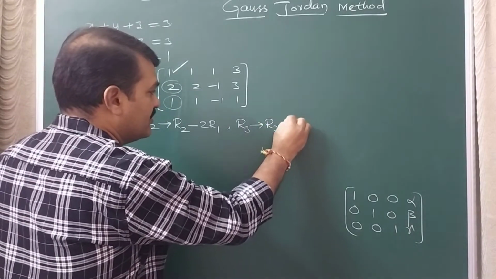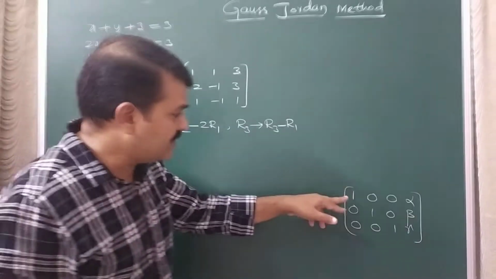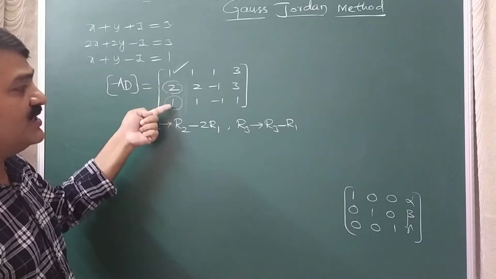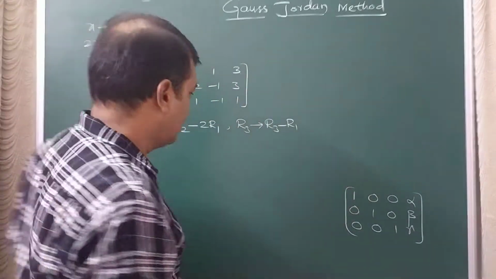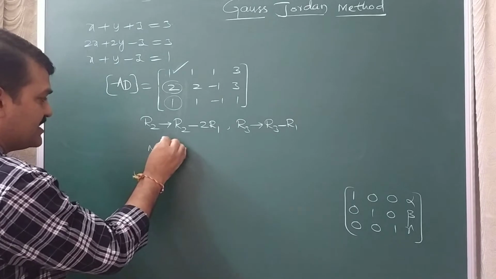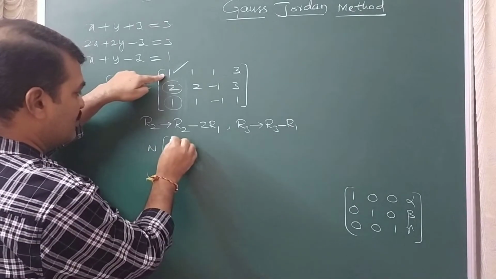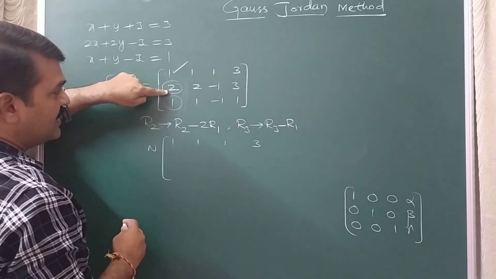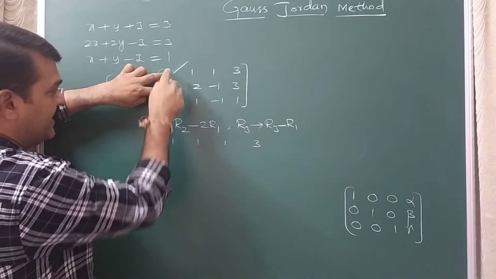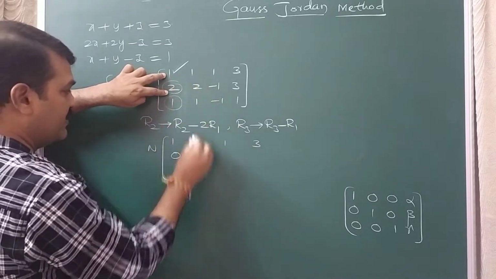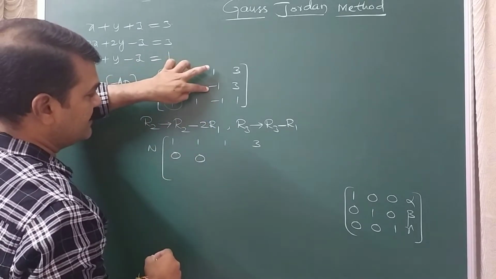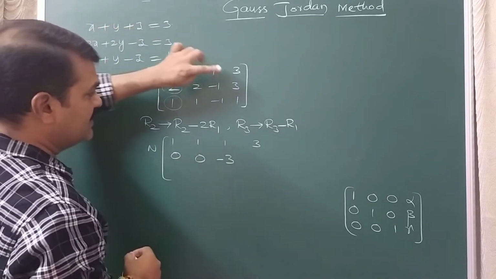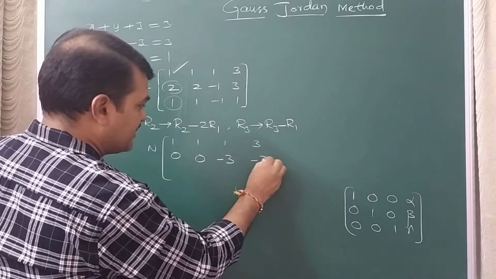Therefore, our first step is to get 1 in the first place here, and using that, to get zeros in these two places. That is what we are doing. Okay, let me write the matrix now. The first row we are not changing. Second row, R2 minus 2R1: 2 minus 2, again 2 minus 2, minus 1 minus 2, that is minus 3, 3 minus 6, again minus 3.